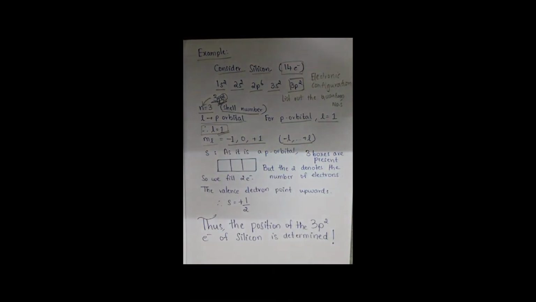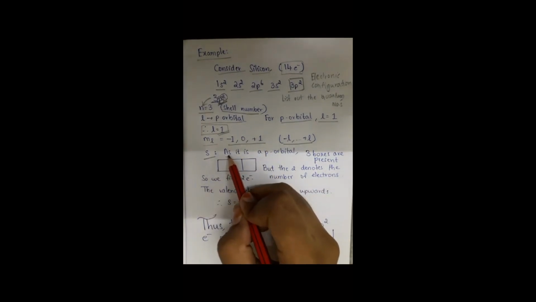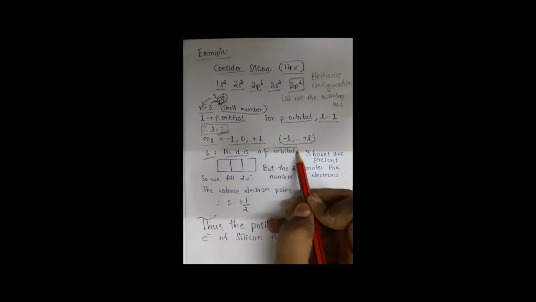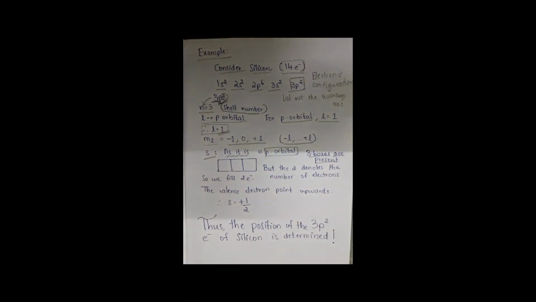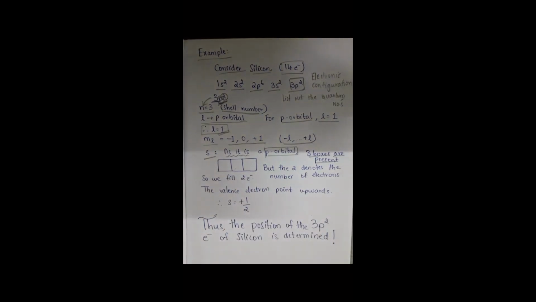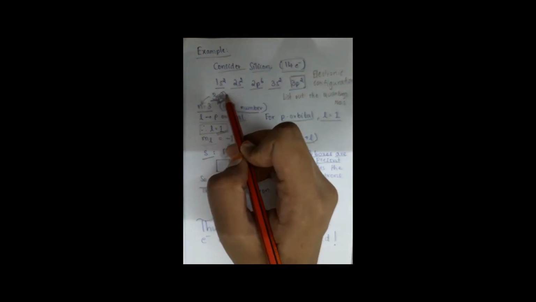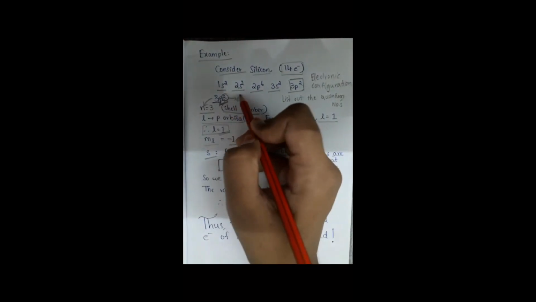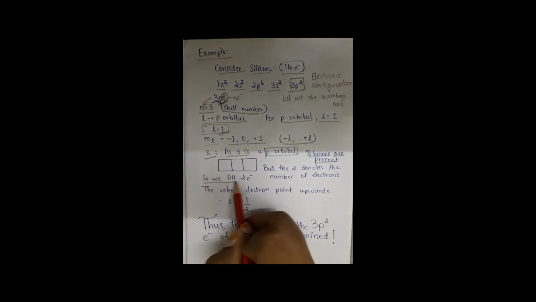Coming to the spin quantum number, as it is a p orbital, the three boxes are present as I told you earlier. But the 2 power shown on the p denotes the number of electrons. So we fill the 2 electrons inside the 3 boxes, and as I told you, they must be filled in the empty boxes first.